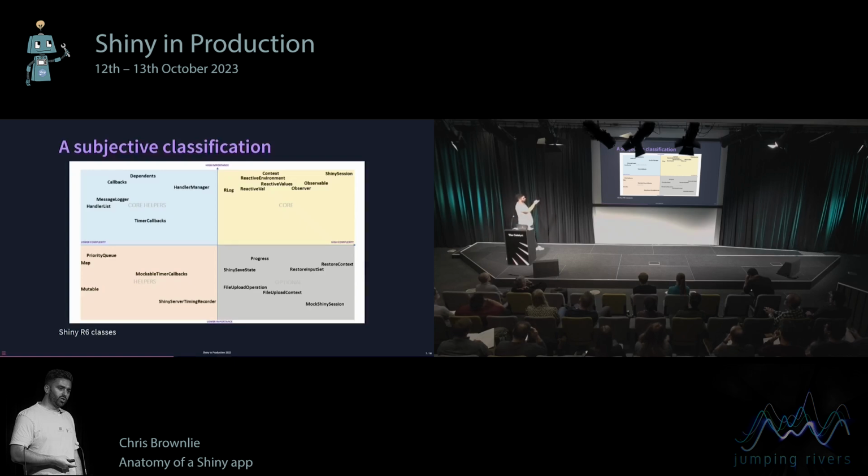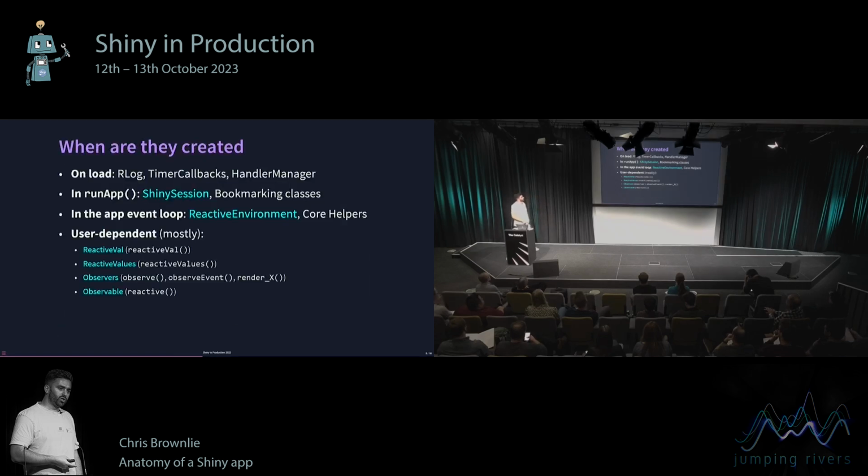I'm going to talk about a few of the ones in the top right, because we, as Shiny developers, will all interact with them, even if we don't know we're doing it. And I'll talk about how we interact with them, with the wrappers around them that Shiny provides. So when are objects with these classes created? What I've shown you there is classes of objects, but at some point Shiny creates those objects so that it can use them when the app is running.